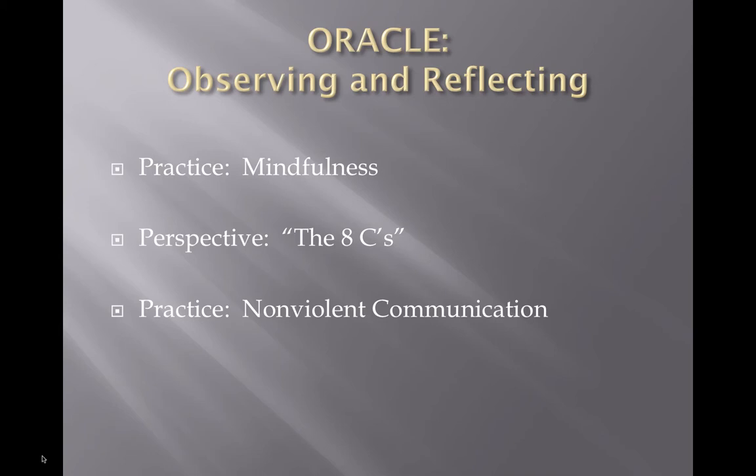A perspective for mindfulness is the 8 C's. Before I go into the perspective, I'll remind you that the definition of mindfulness, very strict definition, but a very good one to remember, is that by Jon Kabat-Zinn, who says that there are 4 elements to mindfulness.